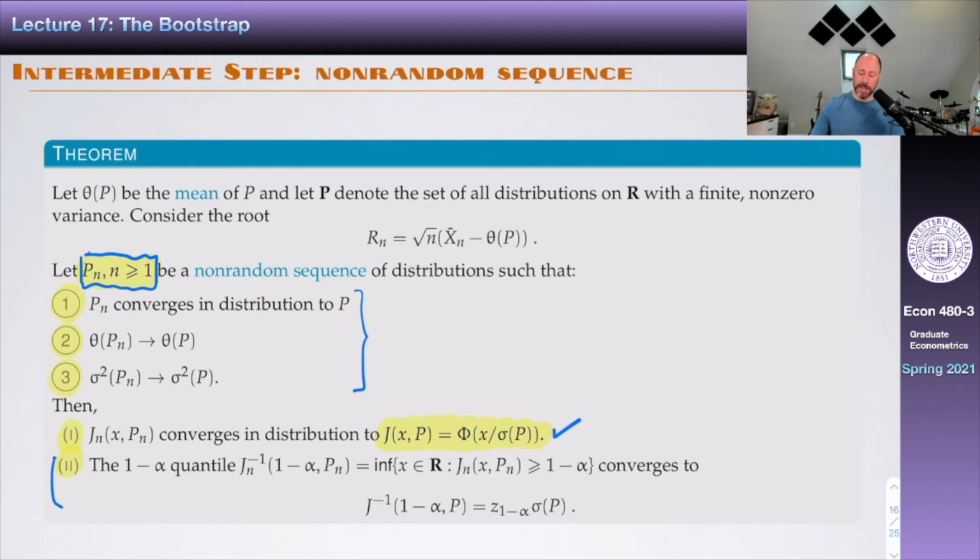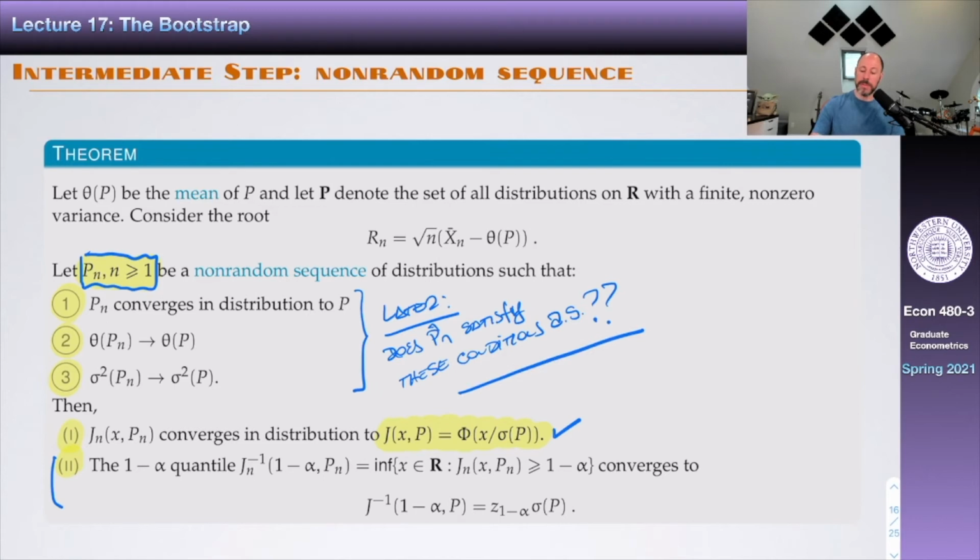I'm going to say here, later, the question is going to be: does P hat n satisfy these conditions almost surely, or not? The answer is, of course, going to be yes, and that's how we're going to prove that the Bootstrap works. Are we good?